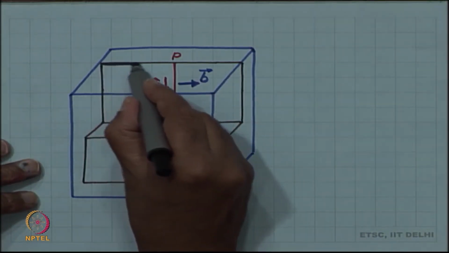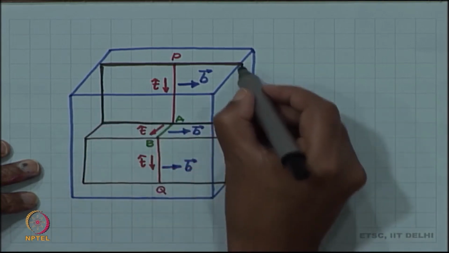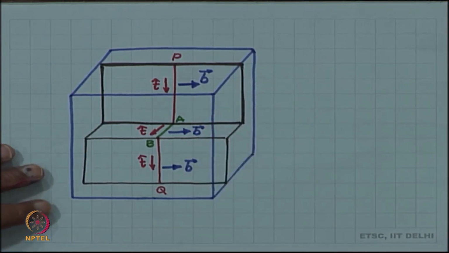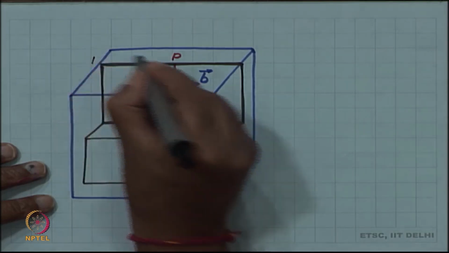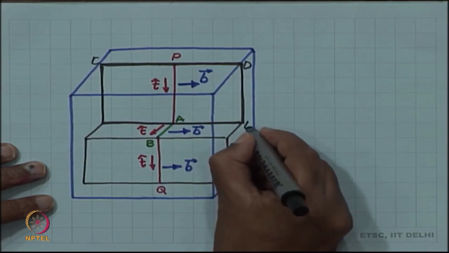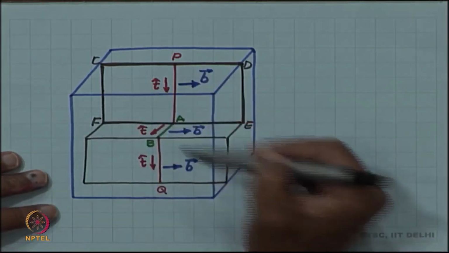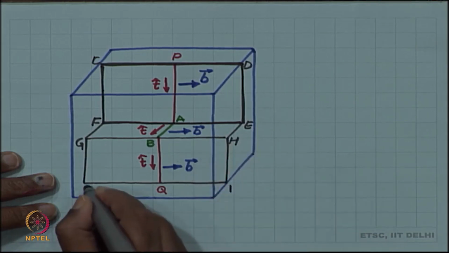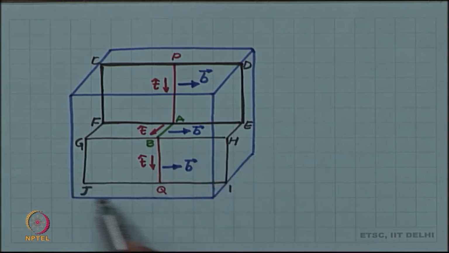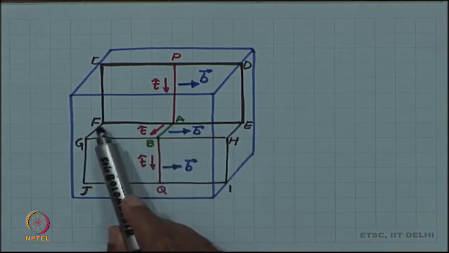For the PA part, the slip plane is this vertical plane, let me label it C, D, E, F. So, CDEF is a vertical slip plane for the segment PA, and then G, H, I, J is another vertical slip plane for the segment BQ, but the segment AB lies in the horizontal plane and has a slip plane EFGH.